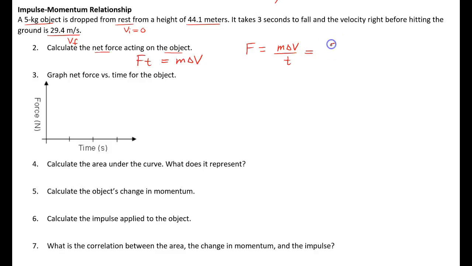So 5 kilograms, change in velocity, you're going from rest to 29.4, so your change in velocity would be 29.4, and the time it took was 3 seconds.